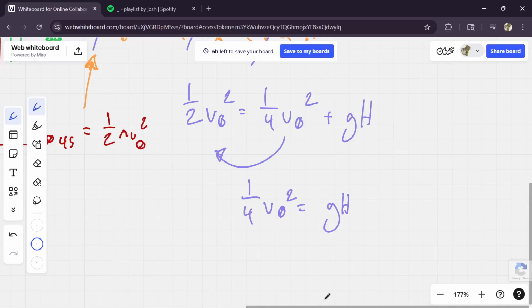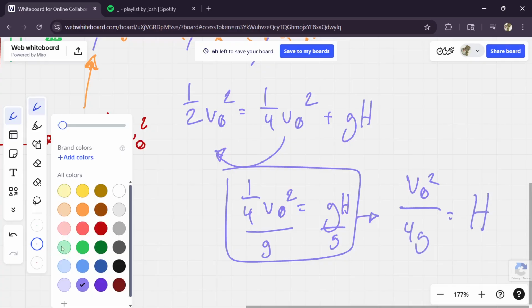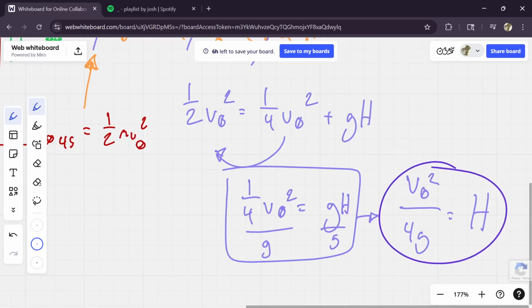So we're trying to isolate H right here. So we're going to end up dividing by g, which leaves us with this divided by g. That gets you v initial squared over 4g, which is equal to H. So then this is where it's like, whoa, really?